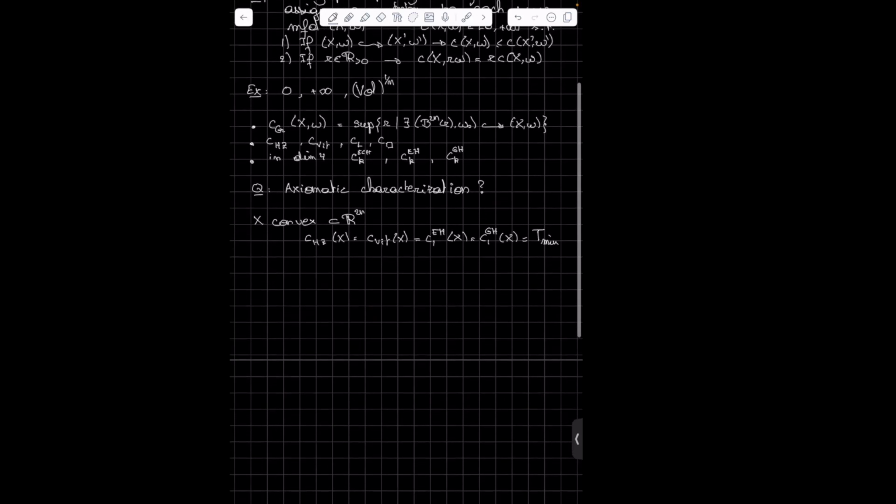So it's some kind of dynamical property, but the fact that they come from different worlds and are still all equal on all convex sets is very intriguing. And a remark is that all those capacities are what's called ball normalized.